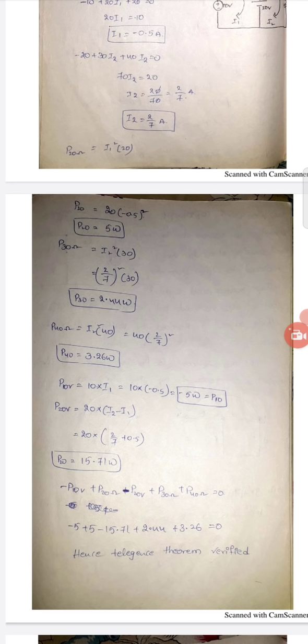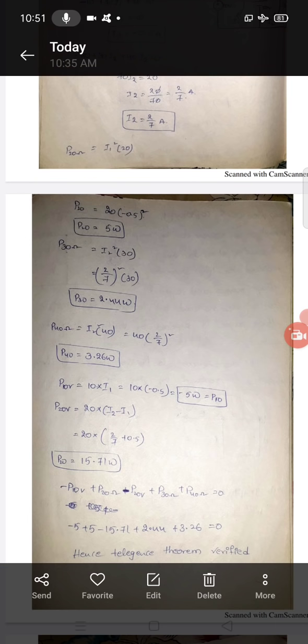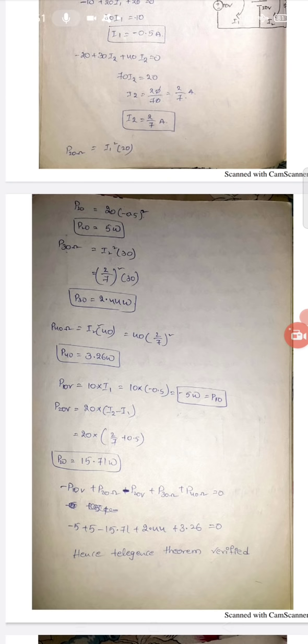Next, the power delivered by the source. As the current flowing through the source is I1, the power delivered by the source is the source voltage into the current flowing through it, that is 10 volts into I1. I1 is minus 0.5, so 10 into minus 0.5 gives minus 5 watts, right?